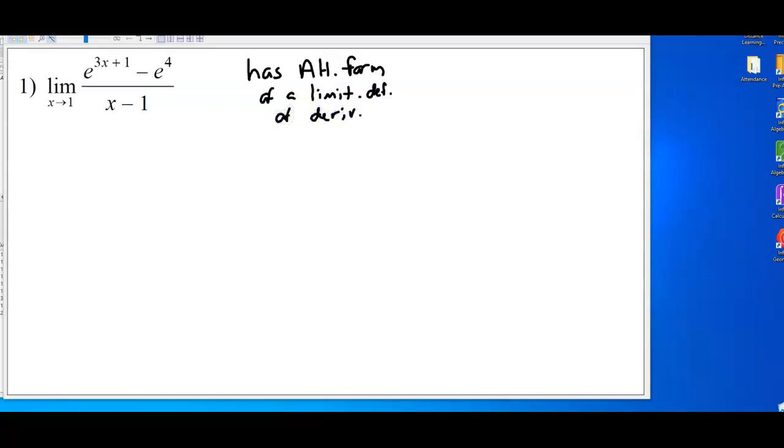Okay? So this is not just any old limit we're looking at. This is a very special limit that gives us a derivative. Okay, so now the next question is, the derivative of what?